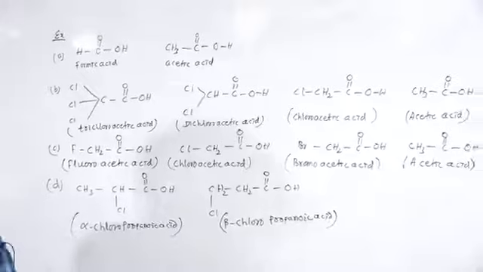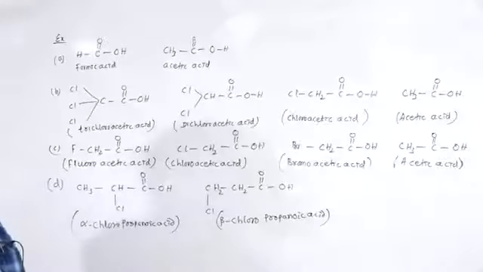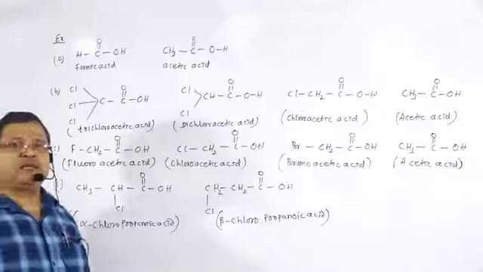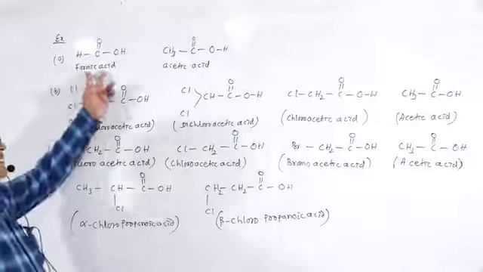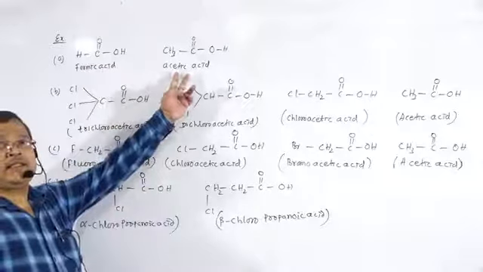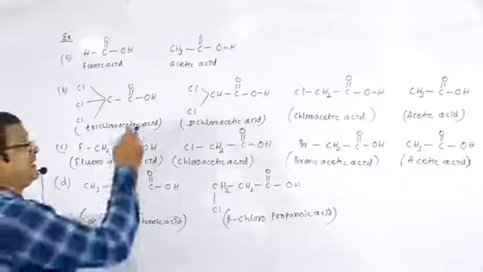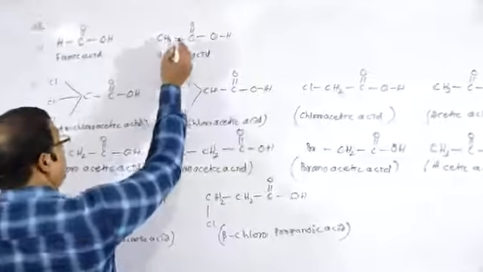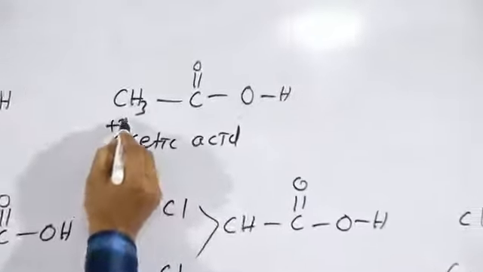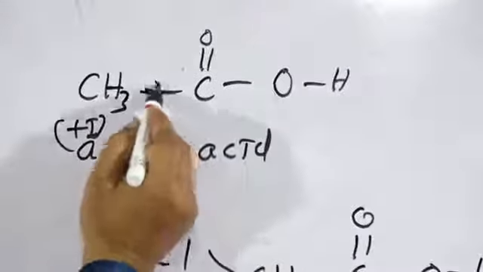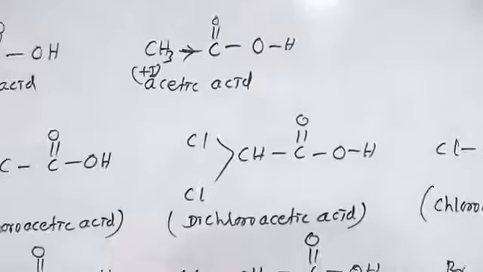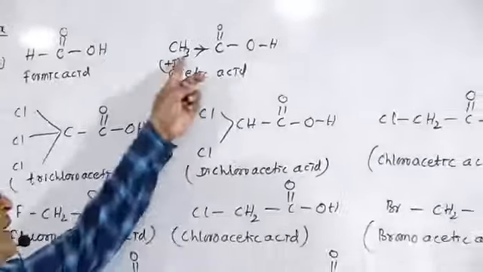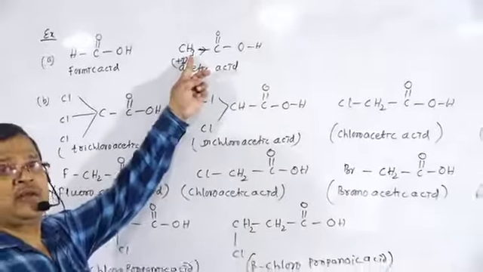We have to explain certain examples. What is the effect of that plus I group, minus I group on the acid strength? So this is the example of that formic acid. This is the example of that acetic acid. So acetic acid that contains plus I group, that is alkyl group plus I group. So this plus I group that will destabilize the carboxylate ion.